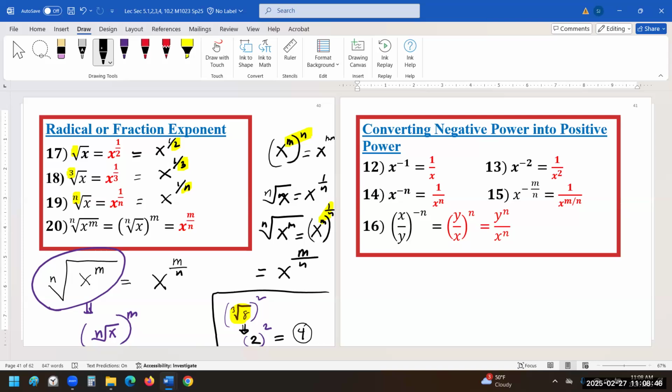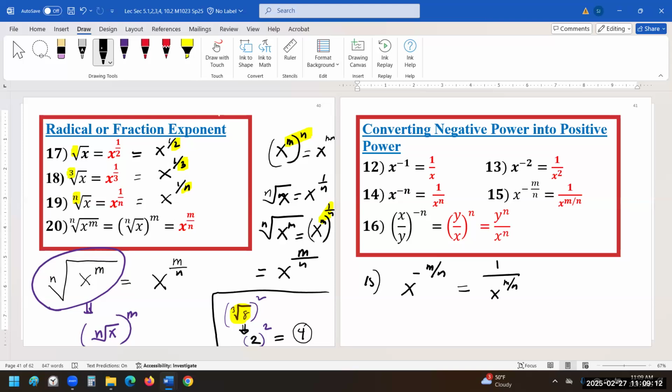And then, if you have x to the negative fraction, just because it's a fraction doesn't mean we have a problem. We still can solve this negative problem by making it into a fraction power. So anytime you see any type of negative power, just change something.